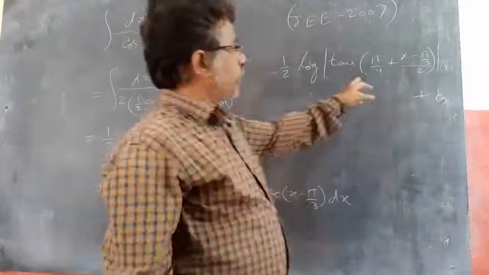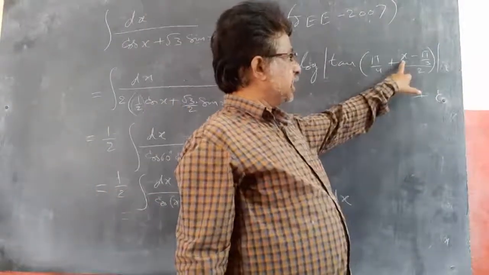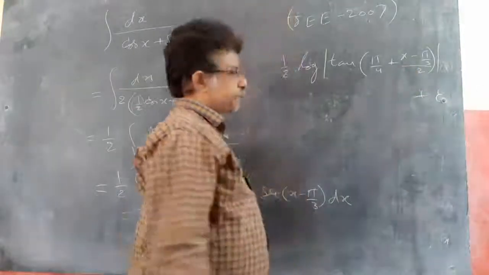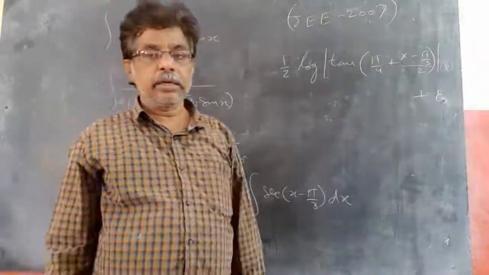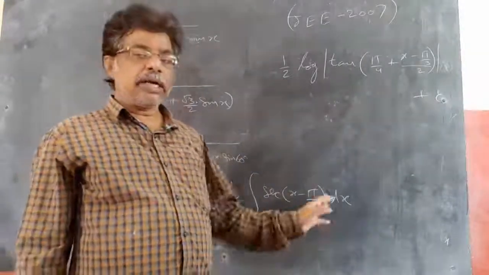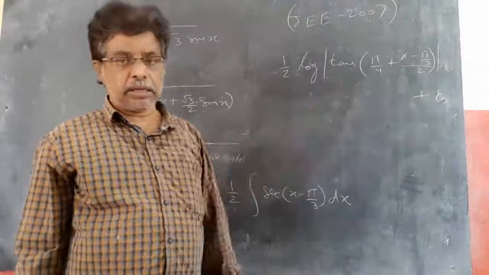Take LCM of 3 first, then 6 and 4, LCM is 12. You can simplify, that is the option. Another way is log mod secant x plus tan x. If you want, you can write that, then convert into tan. That is your choice.